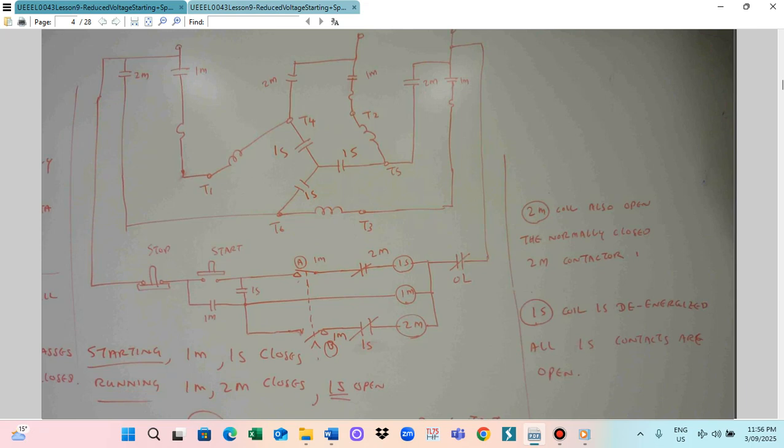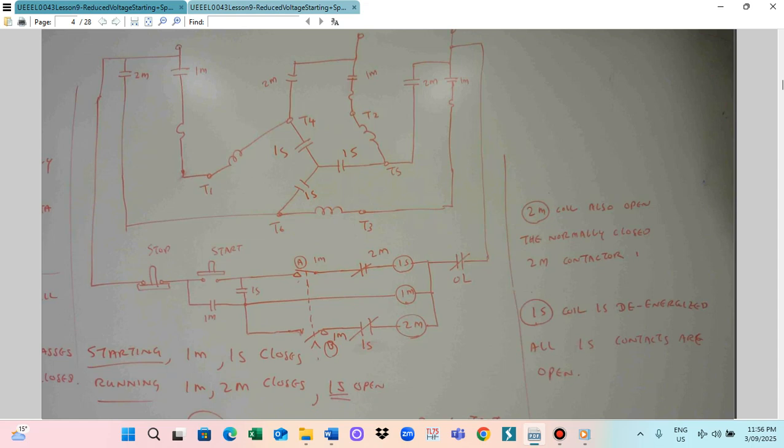After some time, this B connection will close because this one is operated by the timer. The timer switch means that when the 1M tries to open the A1M contact, it does not change position immediately because it is a timer. It will not open immediately; it will wait for some time, and after some time it will open.